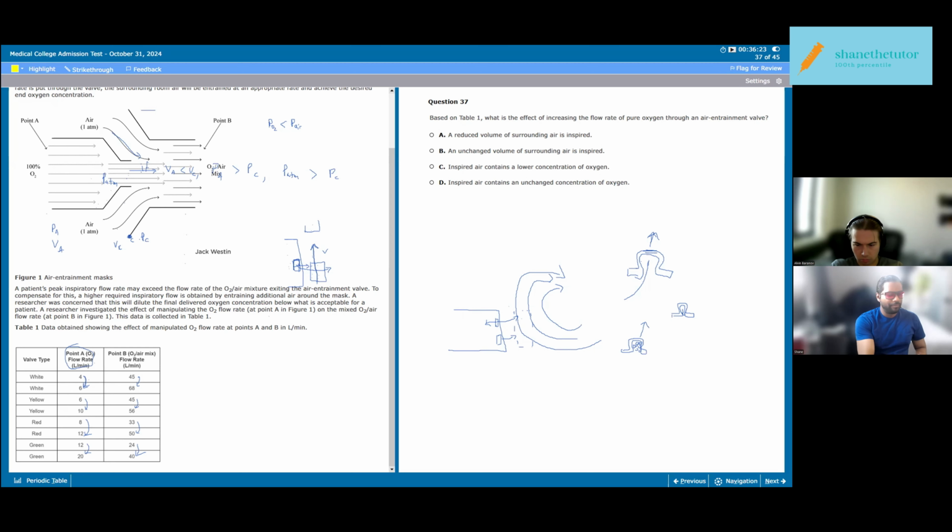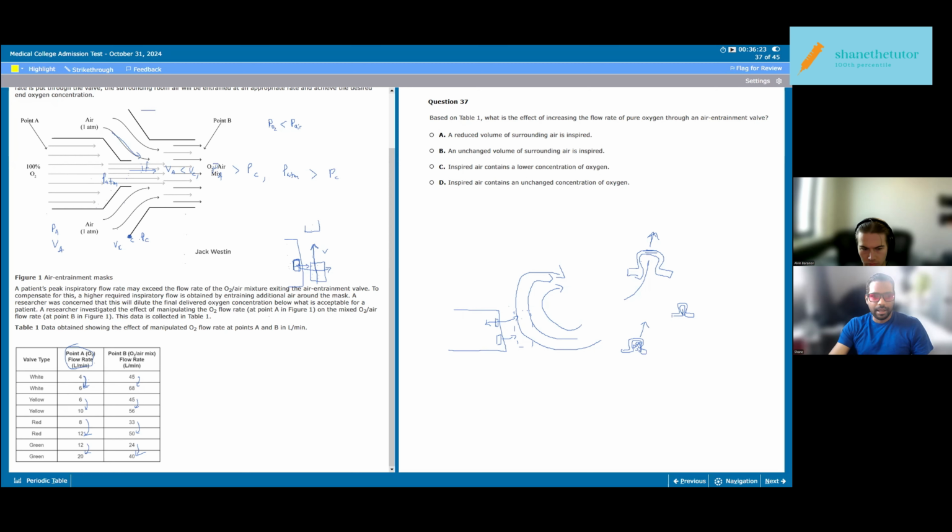And then after point B, we'll enter into the person's body. So that's inspired air. So would it necessarily mean that it would be a lower concentration of the oxygen?